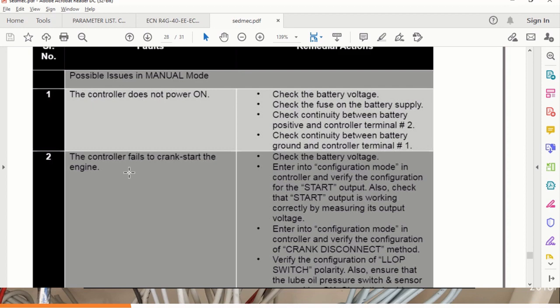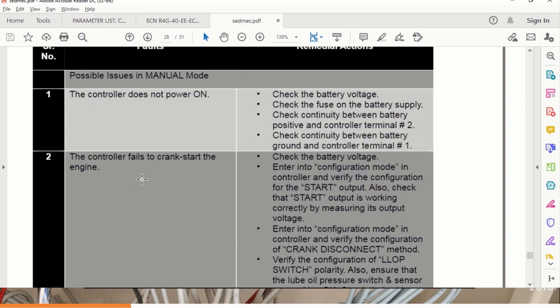Or if the DG battery is okay, then the self starter may have a problem and it is not rotating, and it is not able to provide torque to the engine. So these are the two basic hardware issues which may come in the event of a crank failure or start failure alarm.